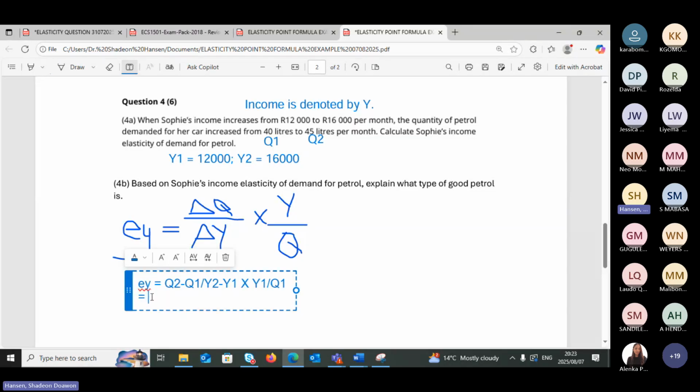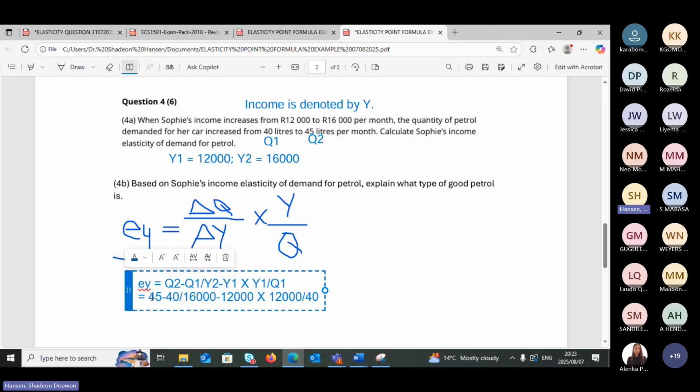Let's continue over here. So we take the 45, we minus the 40, right? We divide that by the 16,000 minus the 12,000. Okay, we multiply that by the 12,000, which is the Y1, divided by the 40 over there, which is the quantity 1.